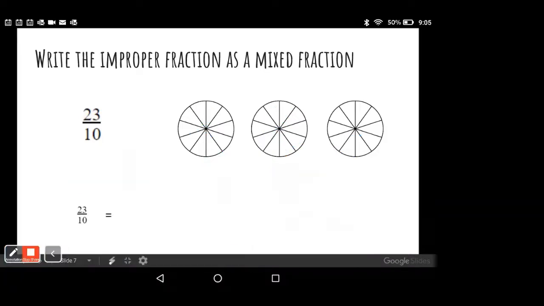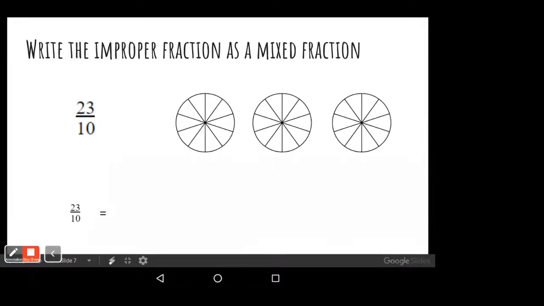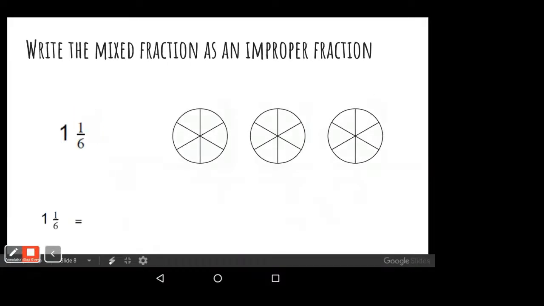Okay, hopefully that has cleared that up if you were confused about that. So now going backwards, and this is numbers 11 through 14 on the worksheet. I want to write 1 and 1/6 as an improper fraction, which makes my denominator smaller than my numerator.